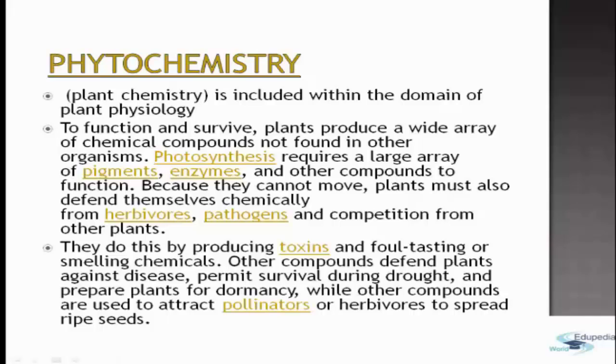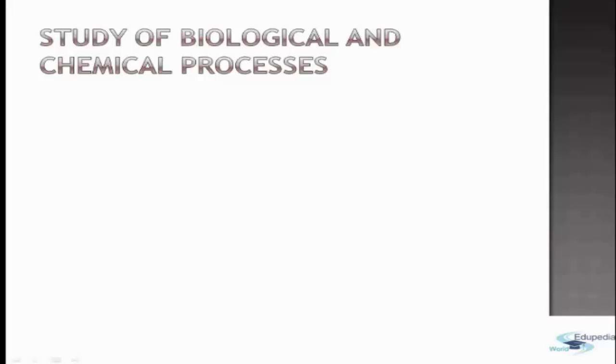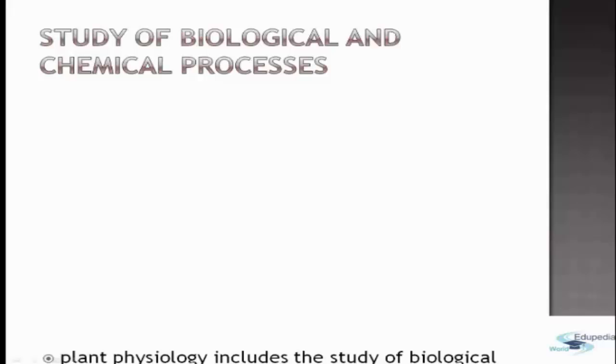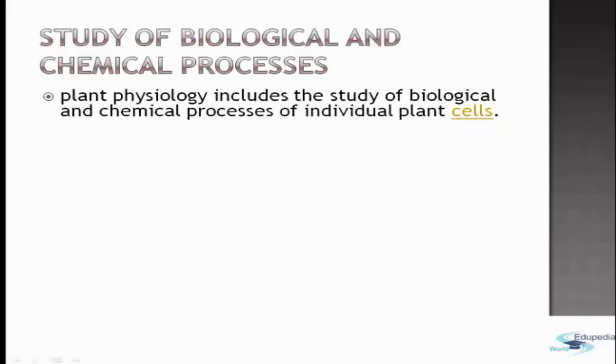They do this by producing toxins and foul-tasting or smelling chemicals. Other compounds defend plants against disease, permit survival during drought, and prepare plants for dormancy, while other compounds are used to attract pollinators or herbivores to spread ripe seeds.